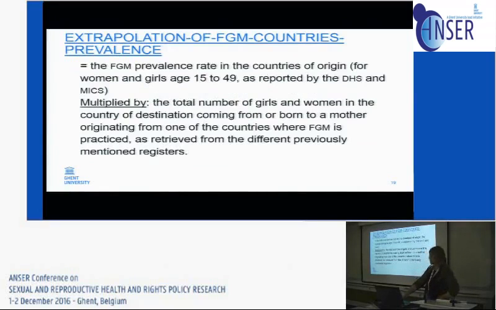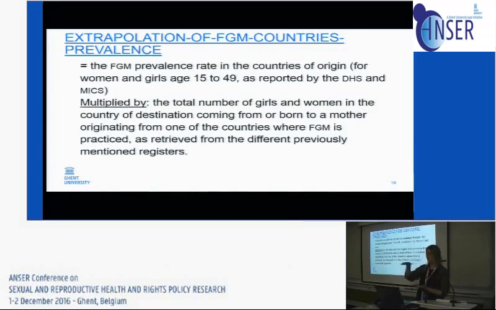And so what we see in those 9 studies or papers is that they used the extrapolation of FGM countries' prevalence method. I'm going to say the extrapolation method, which means that the researchers take the number of women that they can find in the register originating from a country where FGM is known to be practiced.